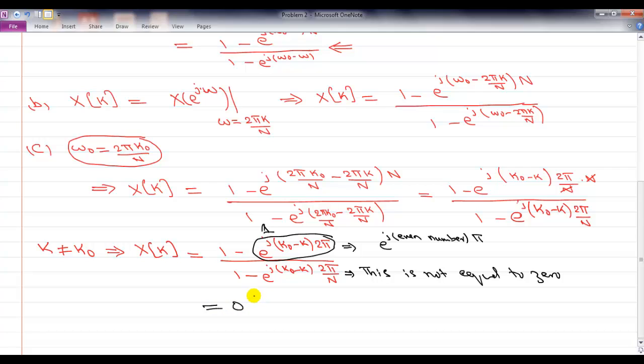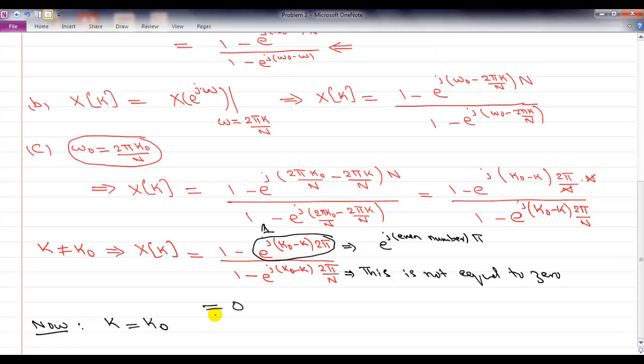So if your frequency was a multiple of 2 pi over n, your DFT is 0 for all indices that are not equal to k naught. Now what about the case of k equal to k naught? Take k equal to k naught, okay?